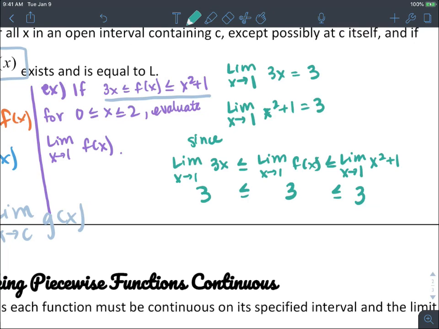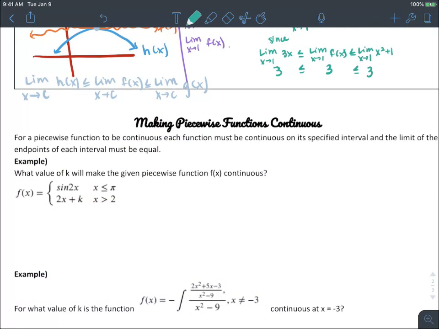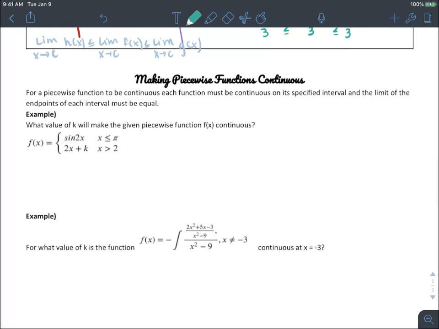That's the squeeze theorem. All right, the last thing we're going to look at is continuity of piecewise functions, so when we switch from one equation to the next. What we're trying to do is, well, I know that sine 2x is continuous for all x's, and then 2x plus something is a line, so that's also continuous over all x values.